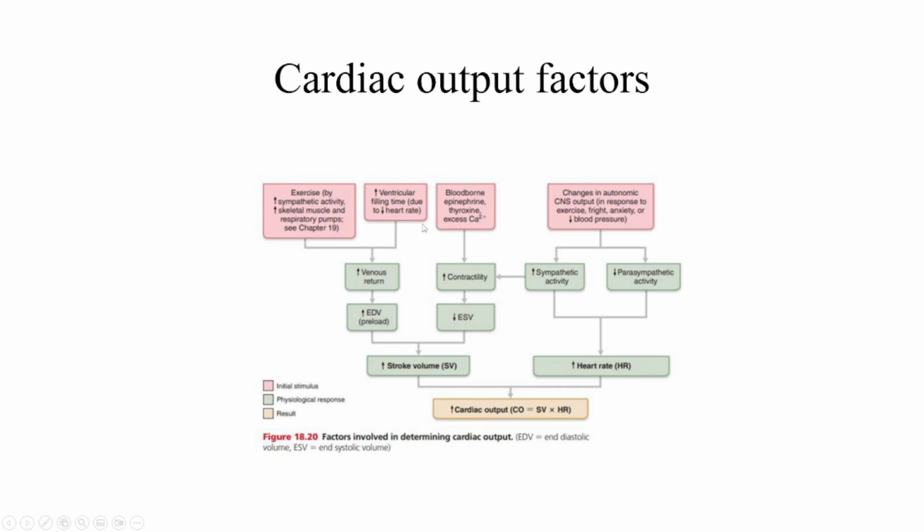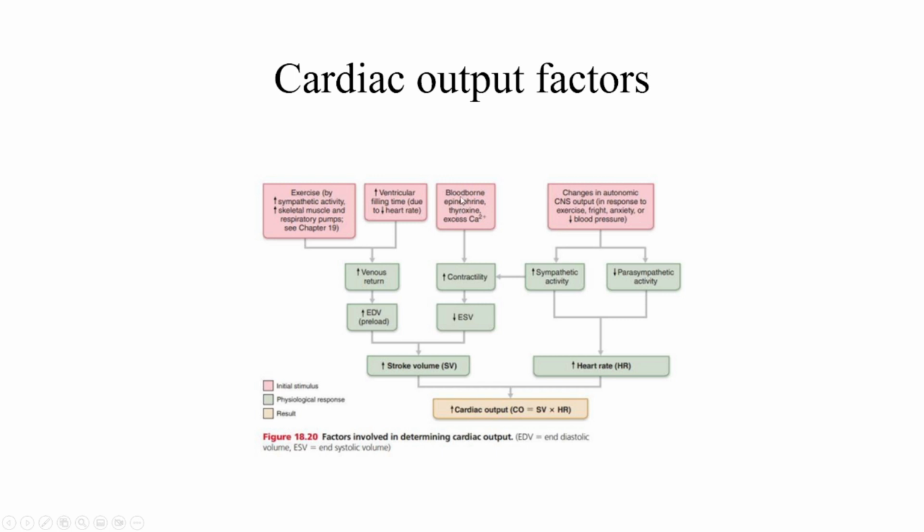This also happens in the case of a rise in the ventricular filling time due to low heart rate. So again, the same thing would happen. But over here, you have what's called blood-borne epinephrine, thyroxine, and excess Ca2+.